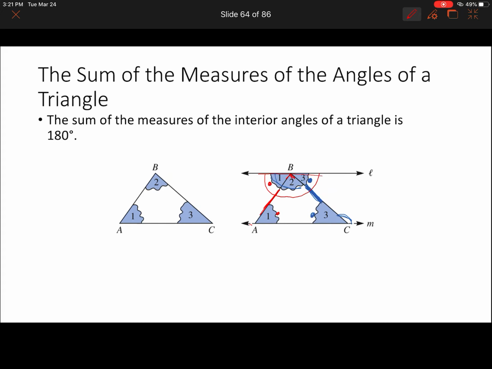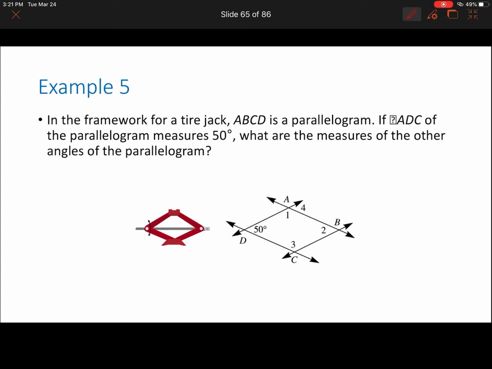That's really important moving forward, especially as we deal with triangles: understanding that the angle measurements inside a triangle have to be equal to 180 degrees.